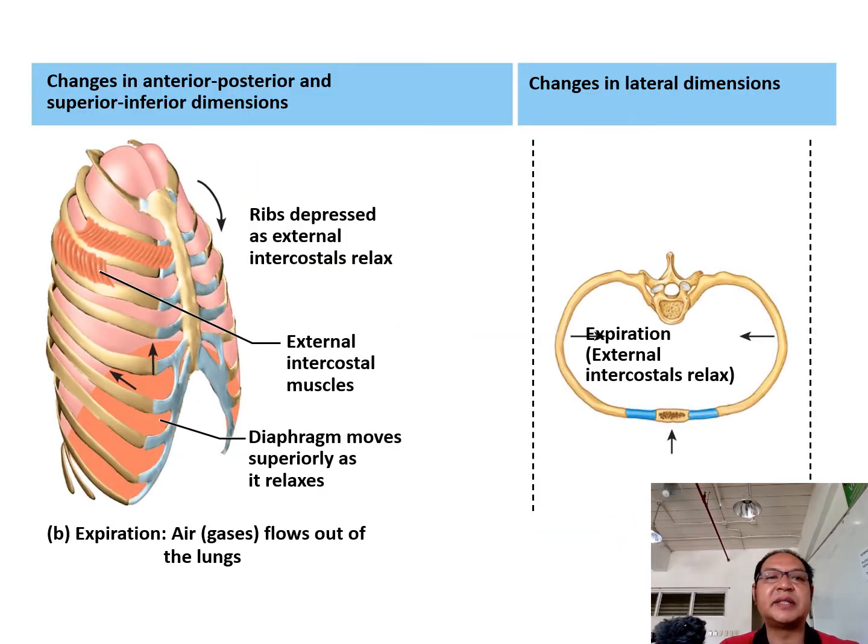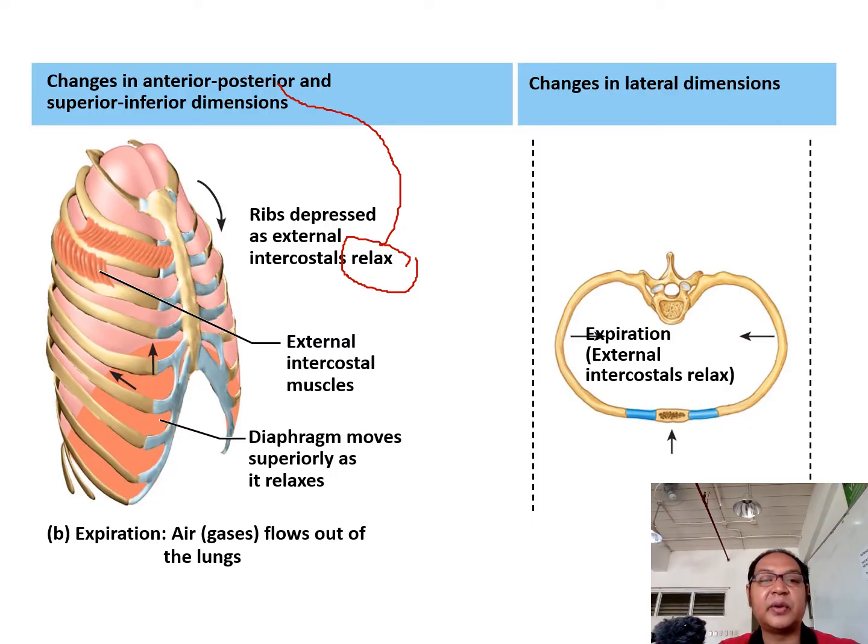Okay, so what happens here, no? So when the ribs are depressed as the external intercostal muscle relaxes, okay, this anterior posterior dimension will decrease.